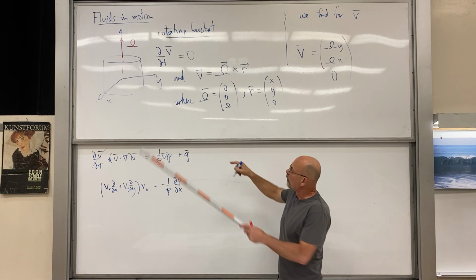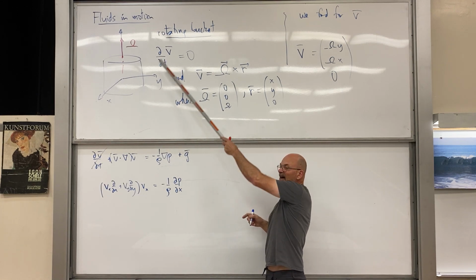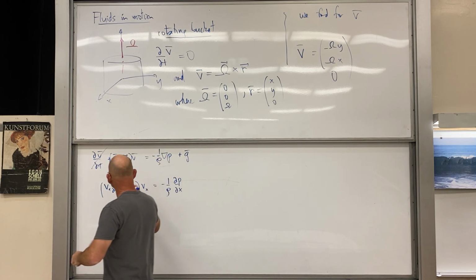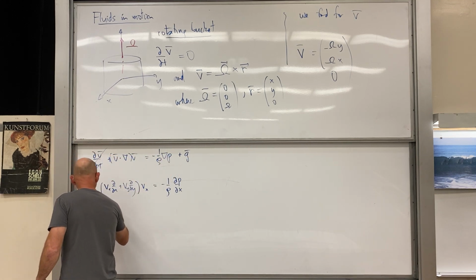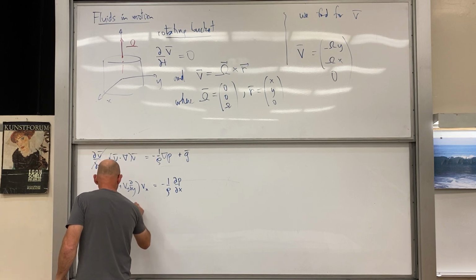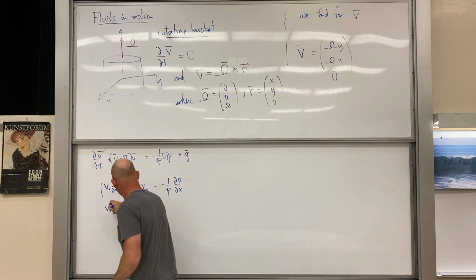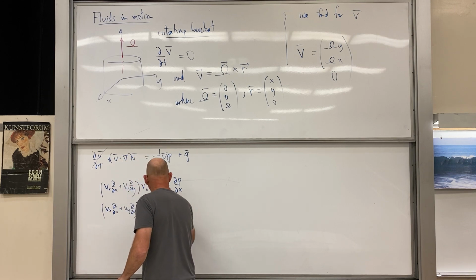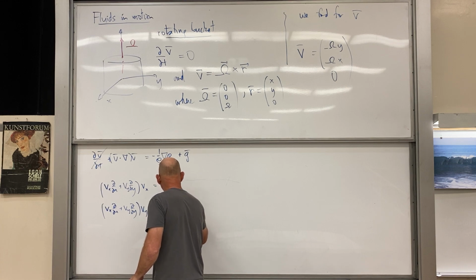g is of course pointing down, right? Got the z-axis pointing up there. So g is pointing down, got nothing there. Second one the same. vx d over dx applied to v sub y is equal to minus 1 over rho dp dy.